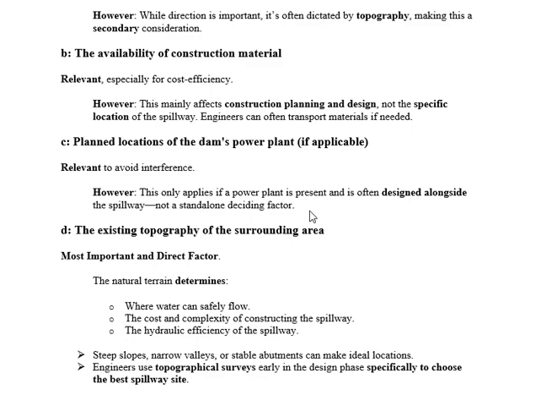However, since the power plant and the spillway are usually designed together, this factor is typically coordinated during the planning phase and does not directly determine the spillway location. They can also be designed along the sides of the dam. So it is not a standalone deciding, major factor.